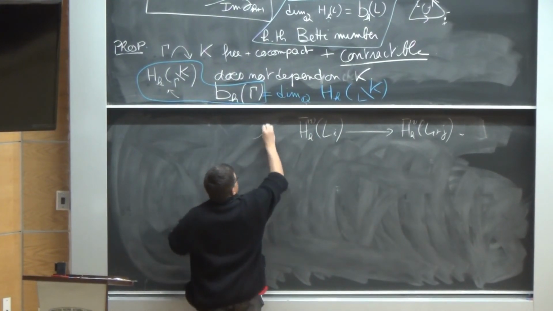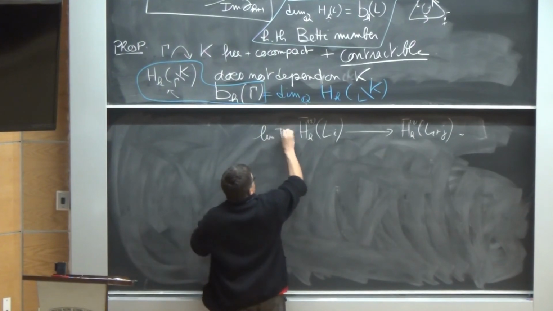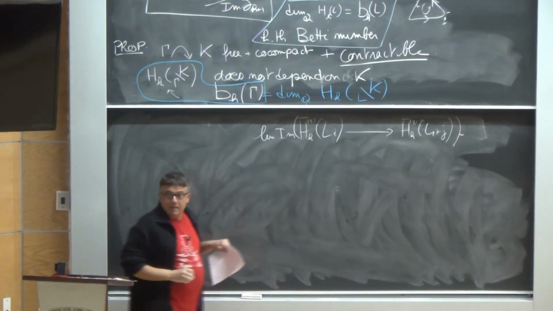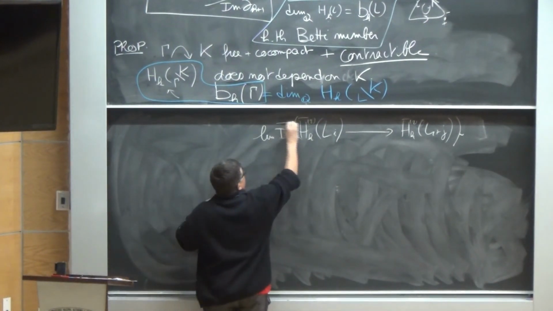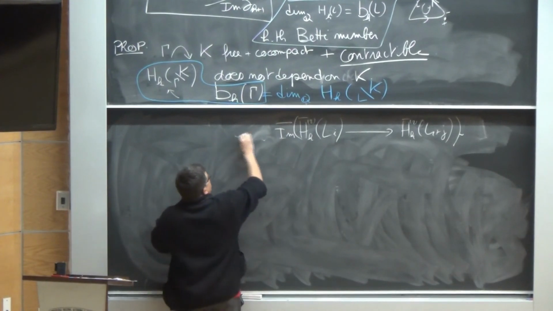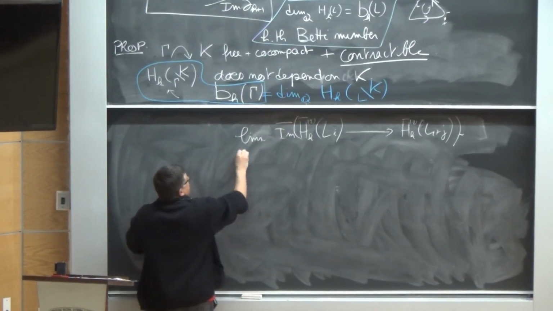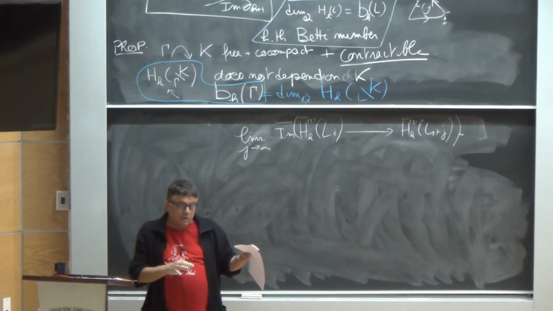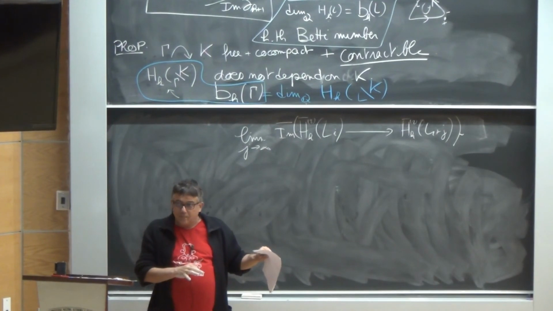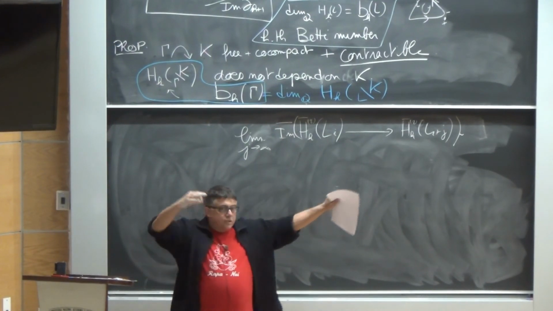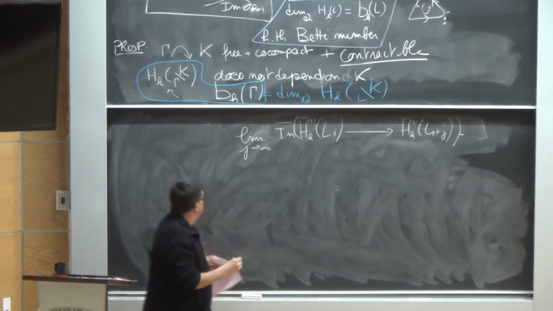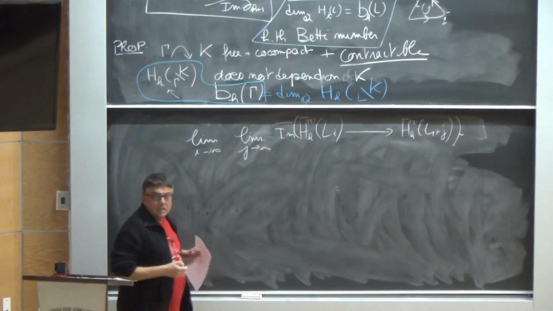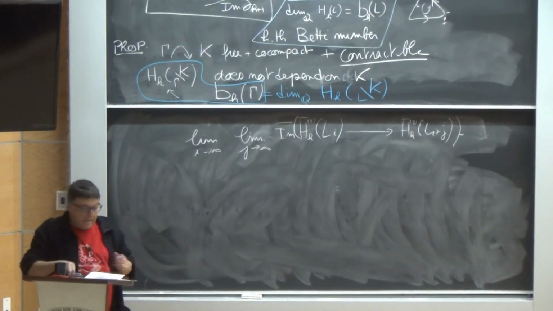And then you consider first of all the image in this, and indeed the closure of the image. Then you take the limit when j tends to infinity. So you fix i, a small co-compact subcomplex, and you take larger and larger, and you look at the images, and then you let i tend to infinity. Okay?